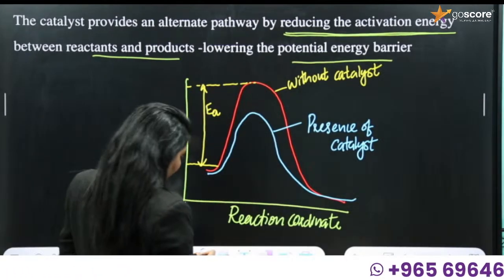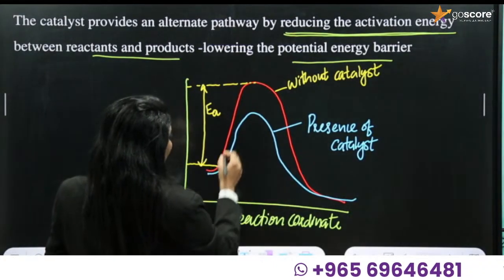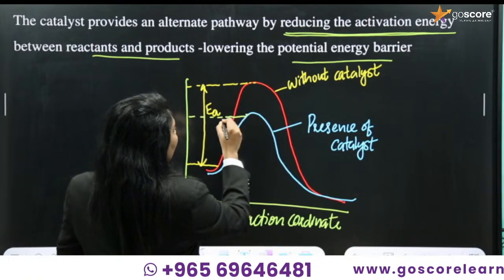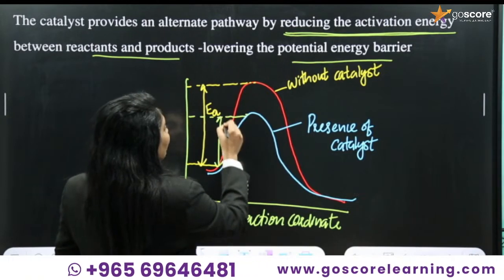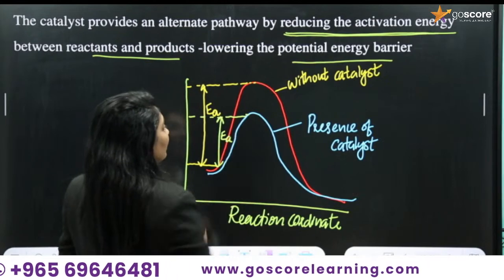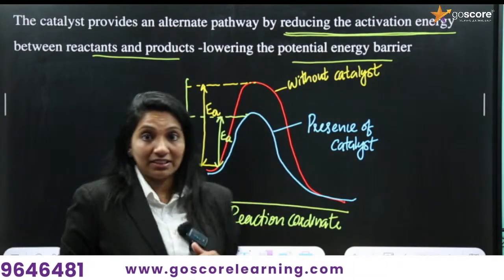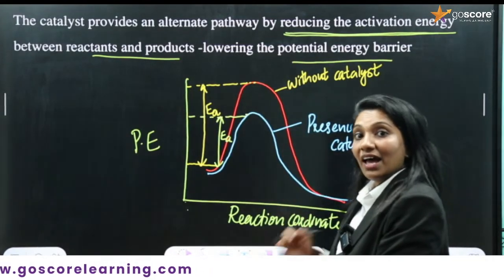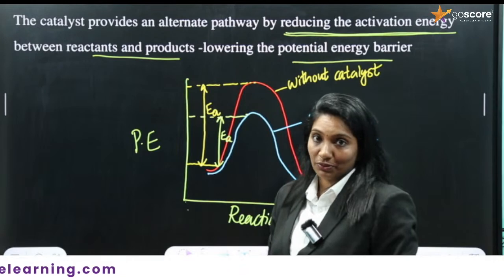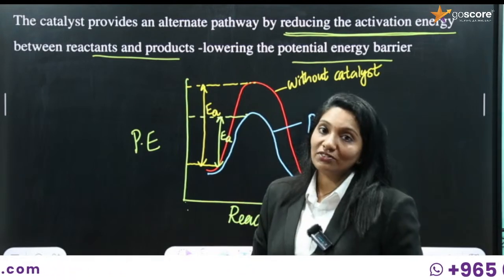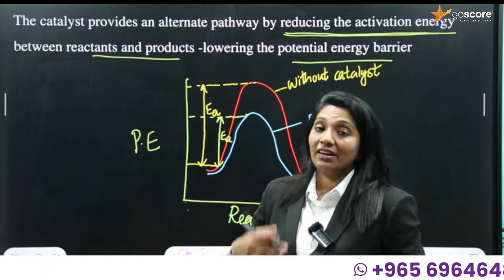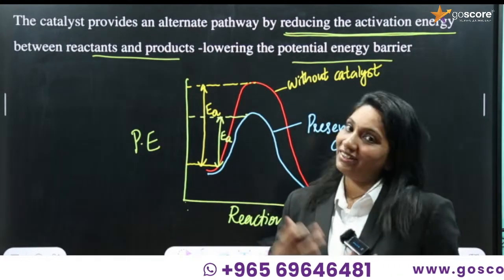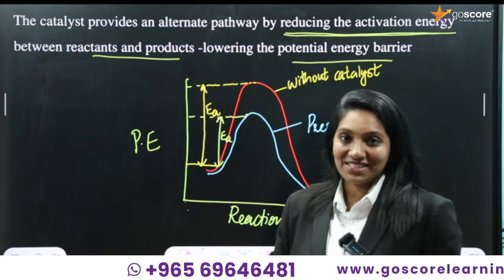But in the presence of catalyst, how much activation energy is required? Only this much. So what did the catalyst do? The catalyst reduced or decreased the activation energy required for the process, so that our molecules will attain energy equal to or greater than the activation energy. So the reaction will proceed in a faster way.